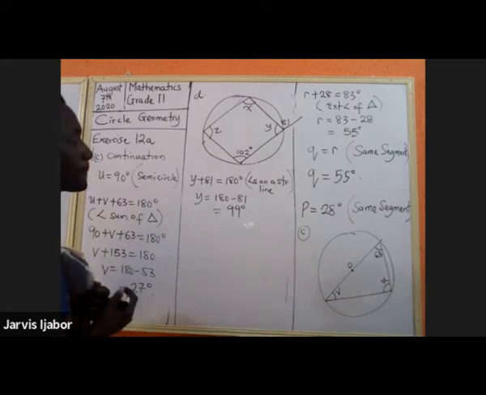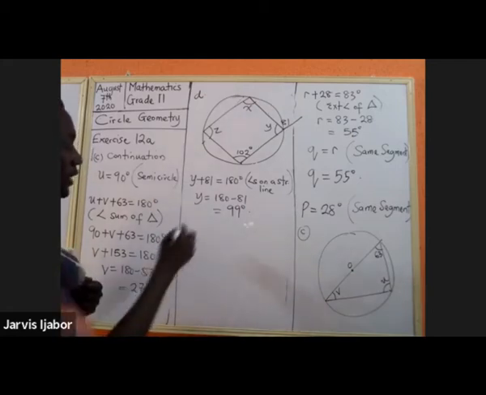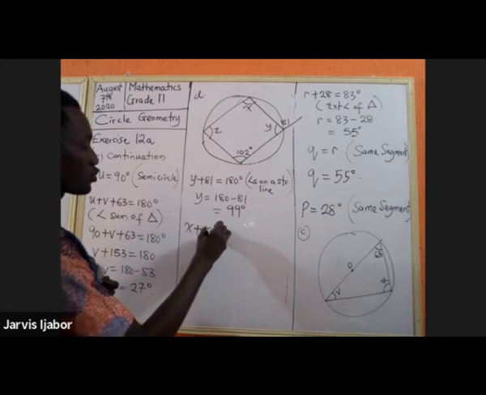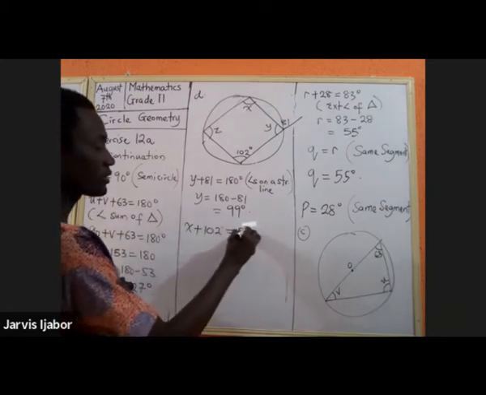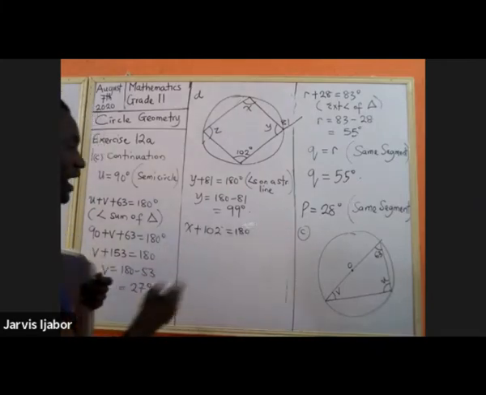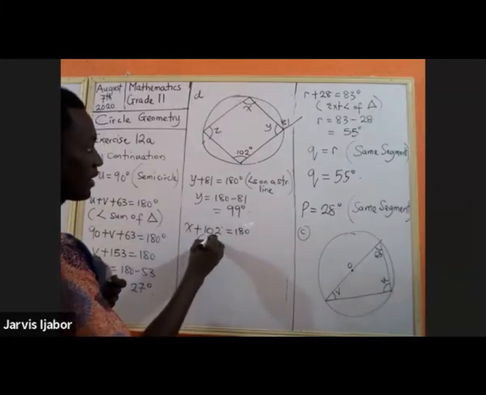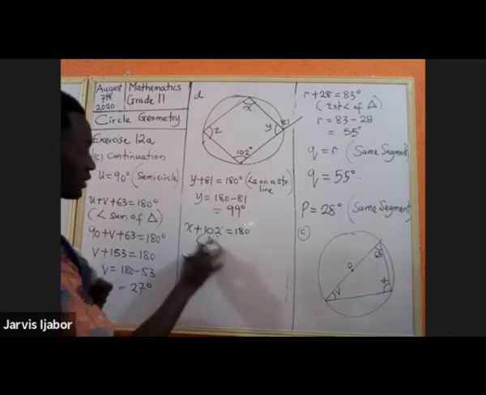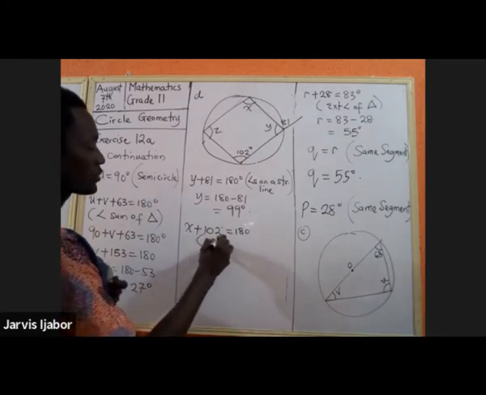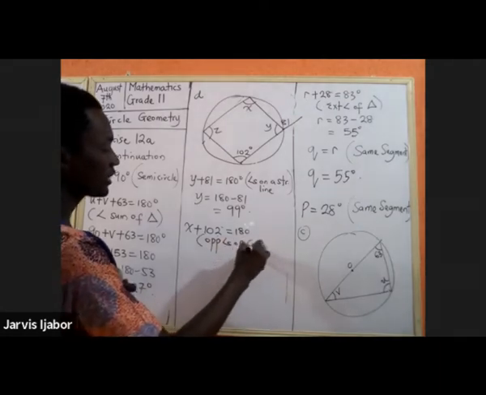Now, X plus 102 degrees is equal to 180. What's the reason for that? Opposite angles of cyclic quad.